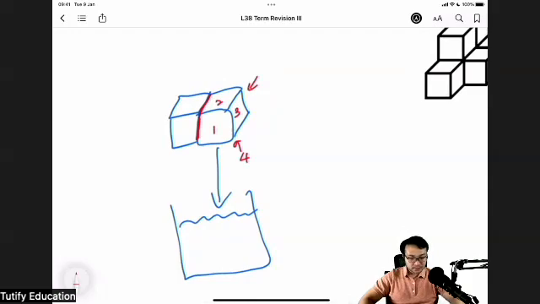Will the bottom be painted? Yes. Will the back be painted? Yes. Will this side be painted? No. Why? Because it's covered by the other block. Very good, because it's covered by the other cube. So how many faces of this cube will be painted altogether? 5. You are correct.